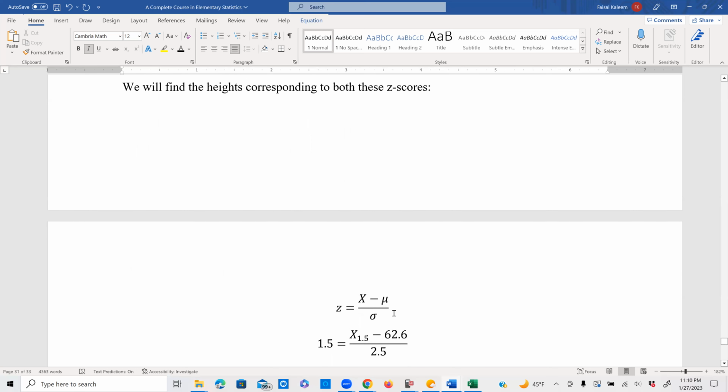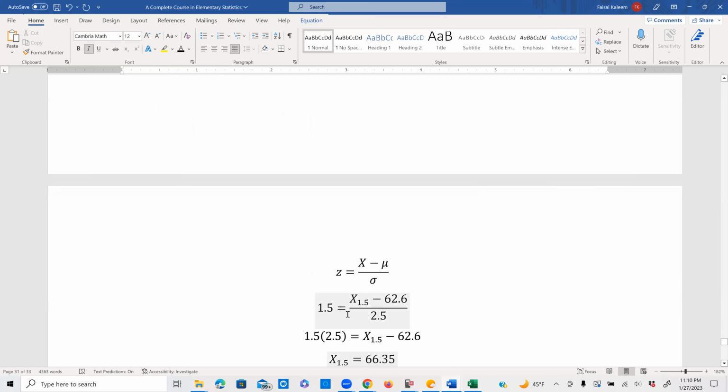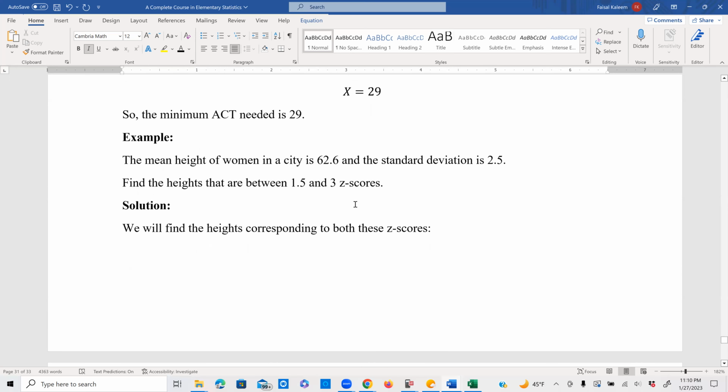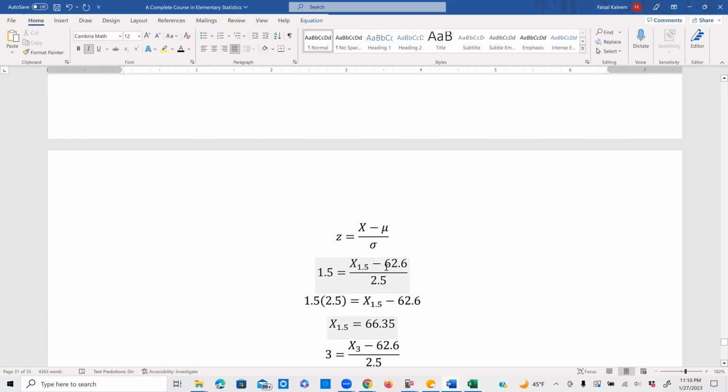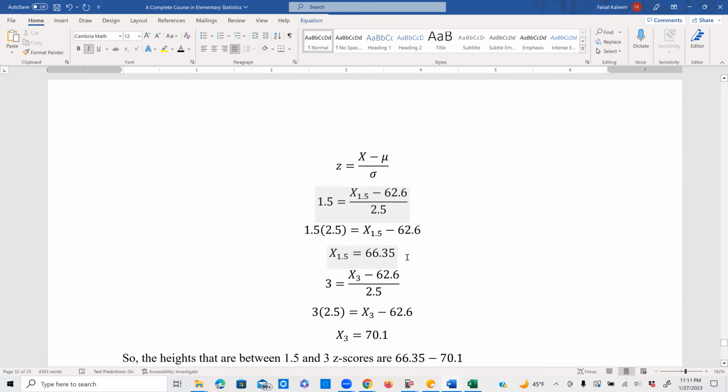For the first, we substitute 1.5 for z, calling x subscript 1.5 the corresponding height, minus the mean 62.6 divided by 2.5. Multiply both sides by 2.5 and then add 62.6, and we get 66.35.